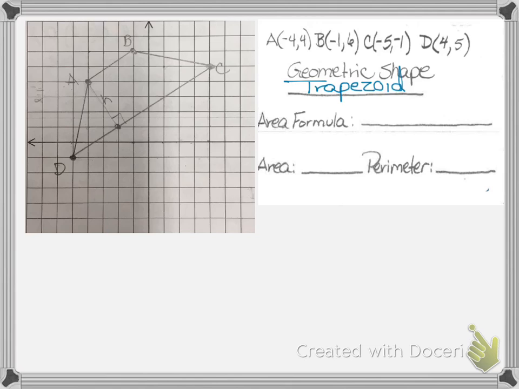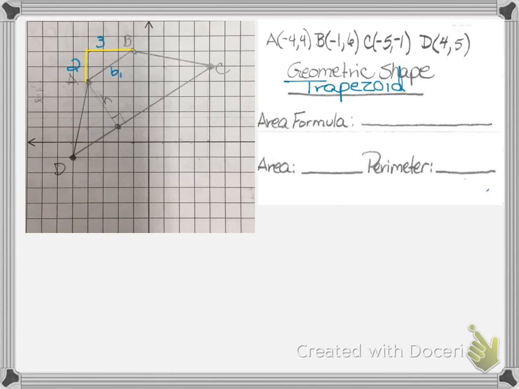All right, so now I've got to find the length of my base 1, my base 2, and my height for my area. So here's my base 1 right here. And so I'm wanting to use the distance formula, but you know what? I'm going to start using the graph. I showed you how to do it with the 2 coordinate points, but this is so much faster. So this length is 2, this length is 3.